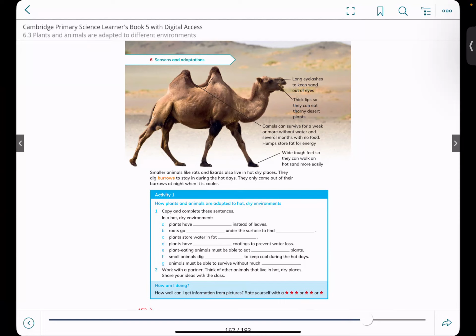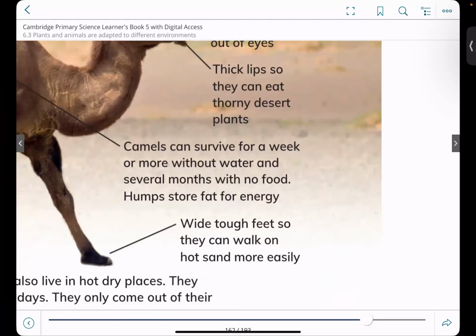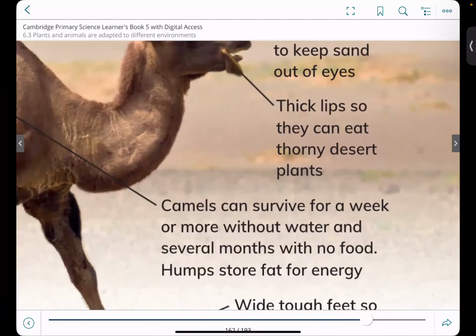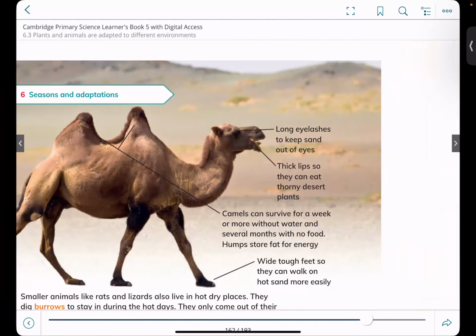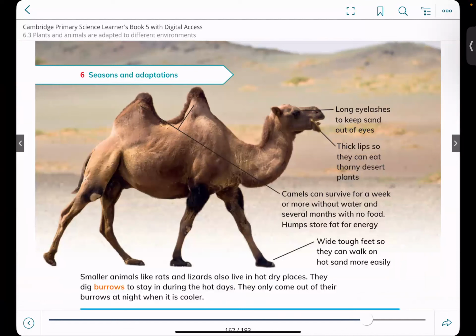So they have thick lips, so they can eat thorny desert plants. They have long eyelashes to keep the sand out of the eyes. They have humps so that they can survive without water for more than a week, etc. And then they have wide, tough feet so that they can walk easily on the sand.